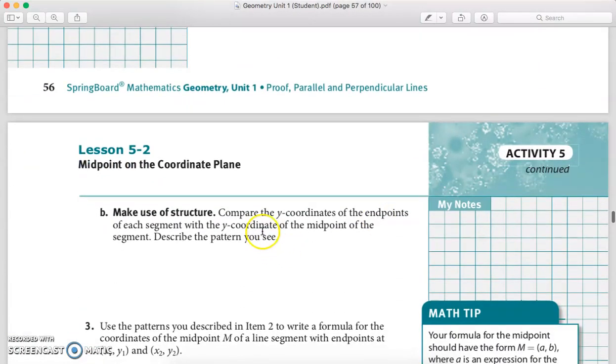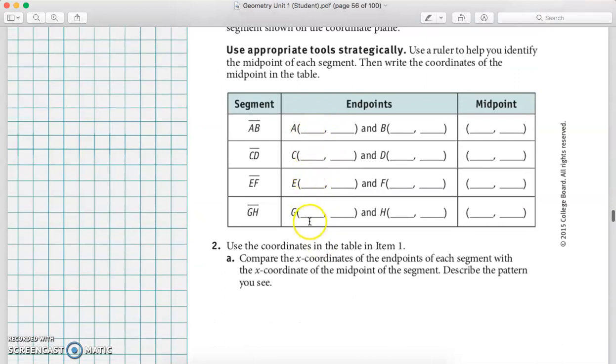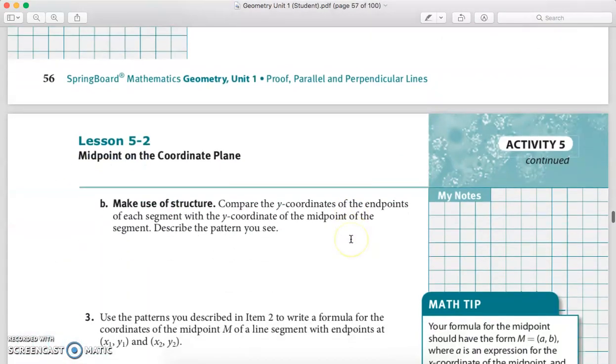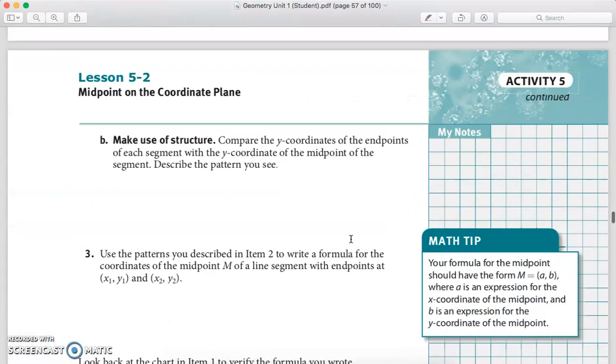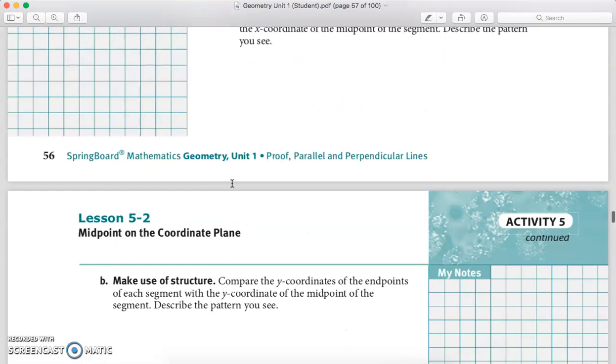Then do the same thing for the y coordinates. Compare the y coordinates and see if you see a pattern. Remember, the x coordinates are the first coordinate and the y coordinate is the second one. That's where you'll find those. After you look for those patterns, go ahead and unpause and see if you got it right.